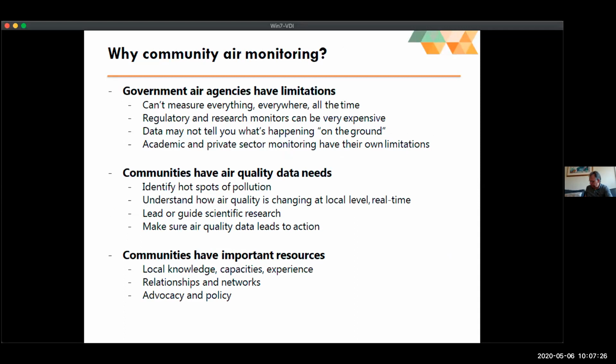And then communities also have important resources to contribute to air monitoring data: their local knowledge and capacities and experiences, relationships and networks, and their engagement in advocacy and policy efforts to reduce exposure to pollution and improve air quality. Next slide.